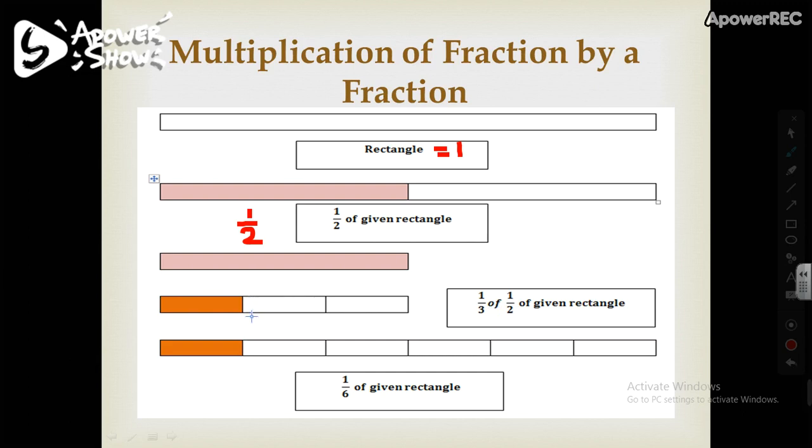So this shaded portion represents 1/3 of 1/2 and this shaded portion represents 1/6, because I am taking the rectangle to be the whole number 1.